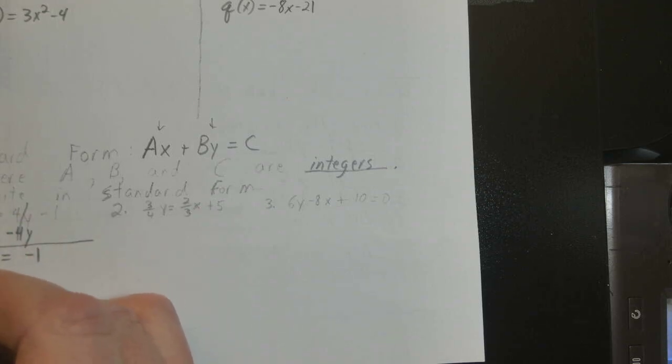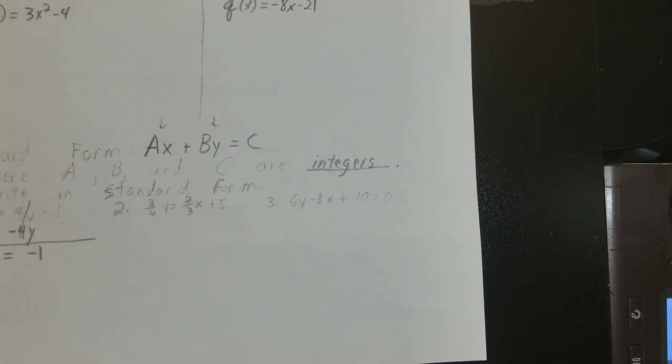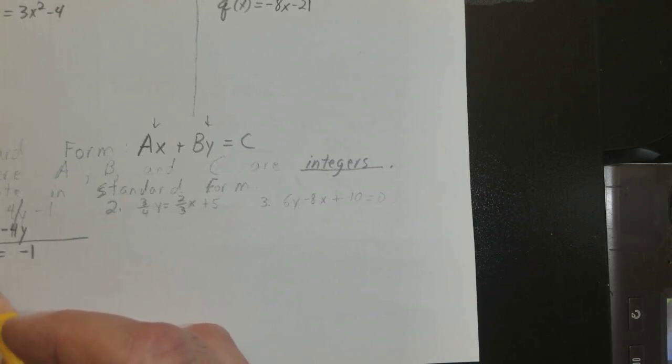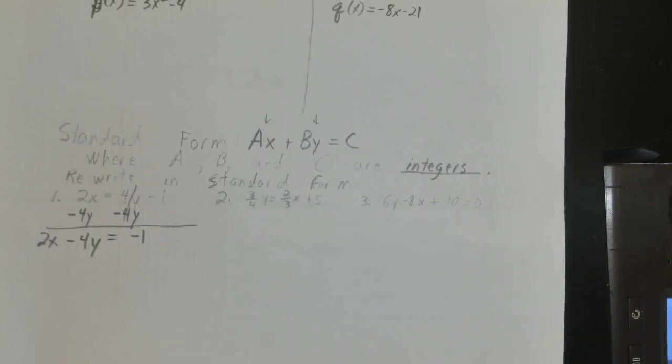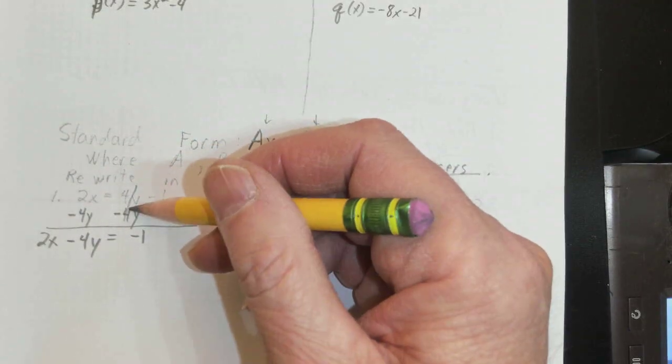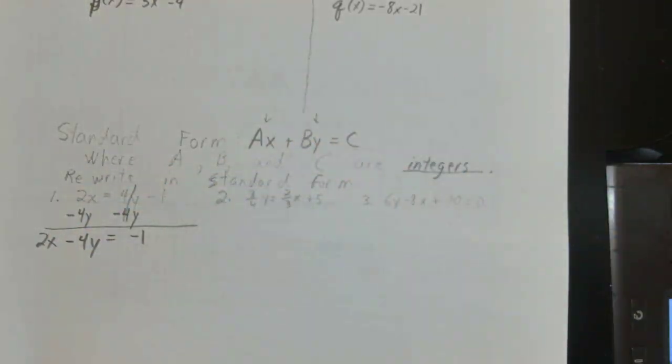This is 2x minus 4y equals negative 1. So I subtracted 4y from both sides. Those canceled, that's 0, and 0 minus 1 is negative 1. And these are not like terms, so I don't put them together. Right?